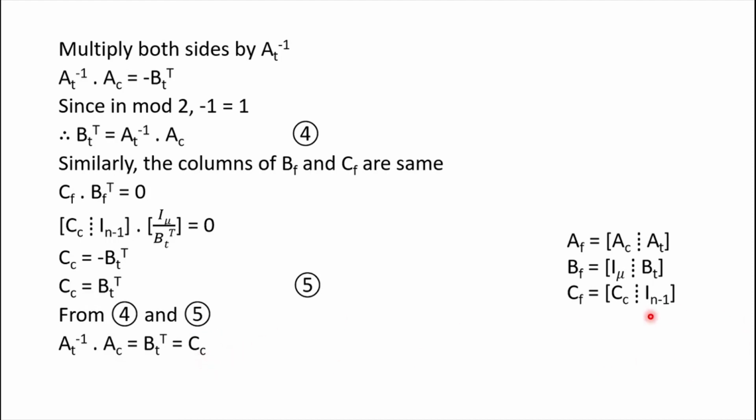Now when you put in the value of CC, you just need to add the identity matrix of order n minus 1, and then you'll get CF. It goes vice versa also. If you have CF, then you have CC, from there you'll get the value of BT^T, and from there BT, and then you can get BF. So if you have BF or CF, you can construct the other one.